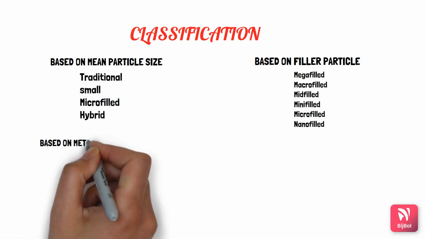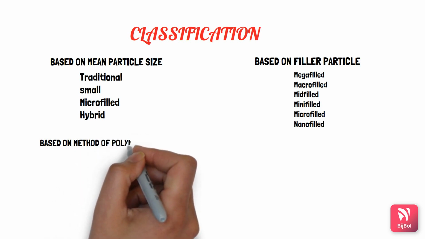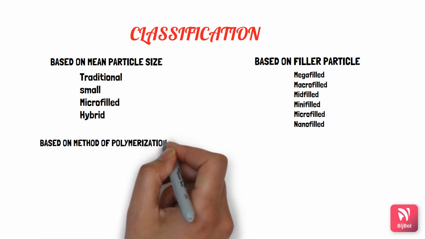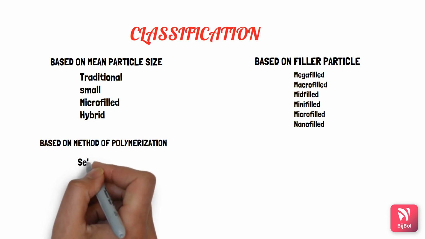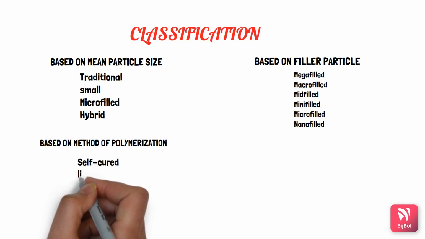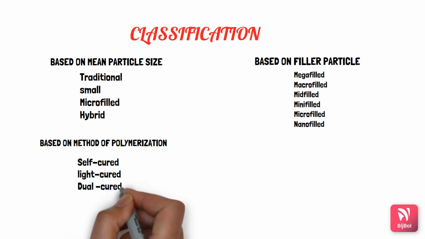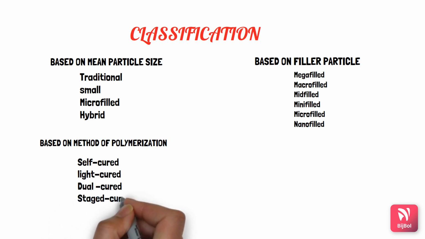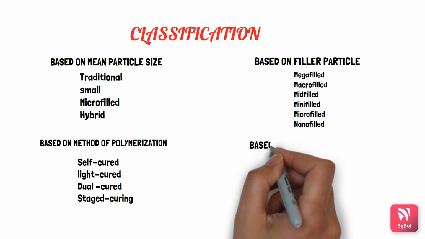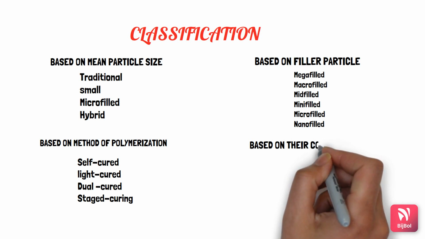Based on the method of polymerization, they are the self-cured composites, light cured composites, dual cured composites, and the staged curing composites. Based on the consistency, they are light body composites, medium body composites, and the heavy body composites.